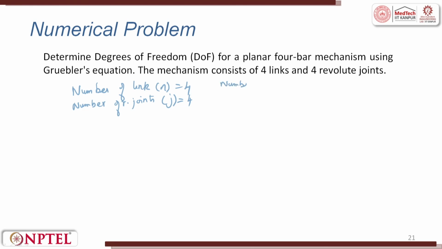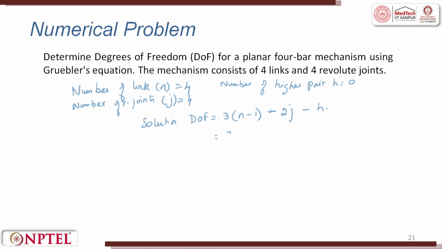Number of higher pairs, h equal to 0. So, the solution is degree of freedom equal to 3 times (n minus 1) minus 2j minus h.